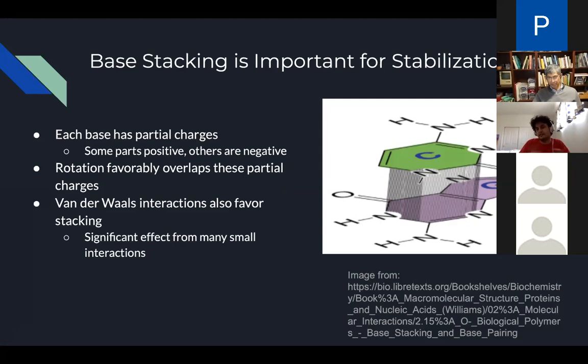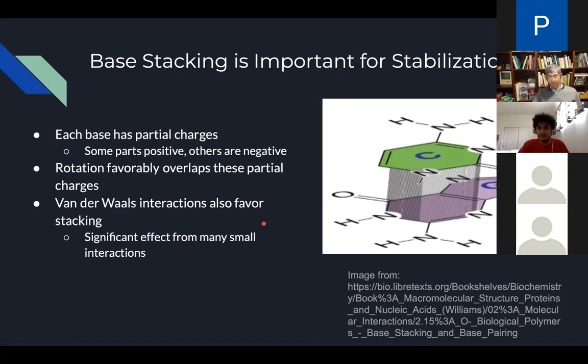So if you had like 2 purines or 2 pyrimidines, because they're the same, you may have more favorable overlap, or you may have different overlap than say a purine and a pyrimidine on top of each other. But I couldn't tell you specifically which one is more favorable, which one's not. Okay, thank you.